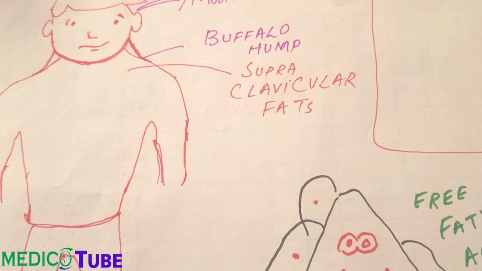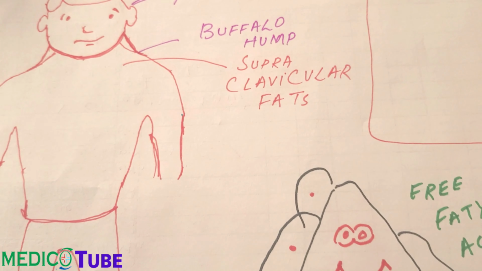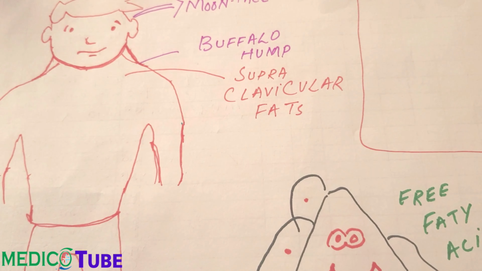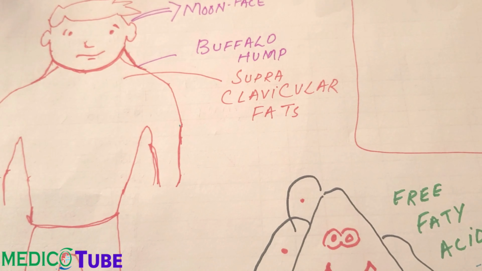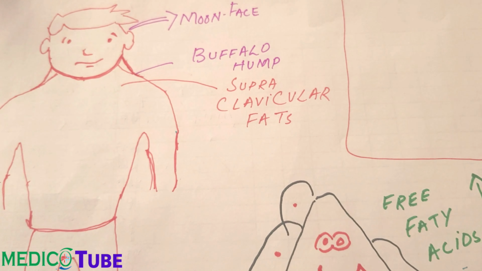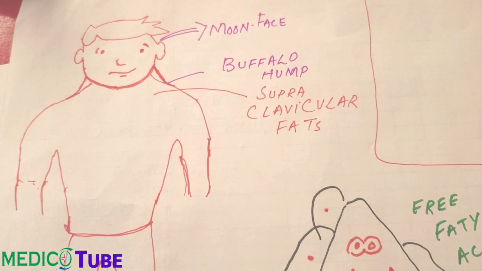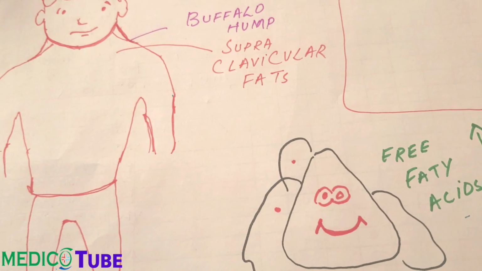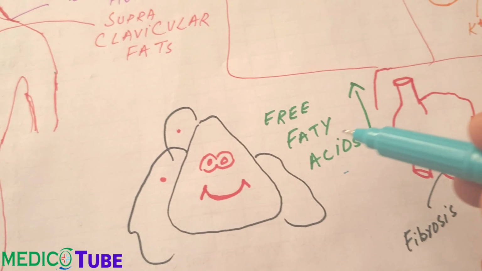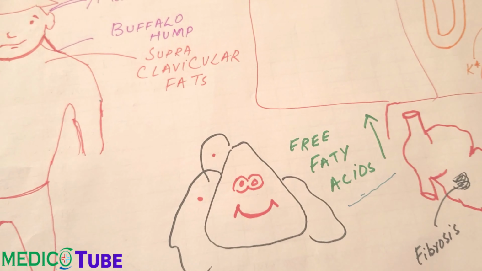So the person has a very interesting habitus, which we call a steroid habitus, where there are very thin extremities and very thin limbs, but an obese trunk, and the upper area of the body becomes very obese. This habitus is called the steroid habitus.